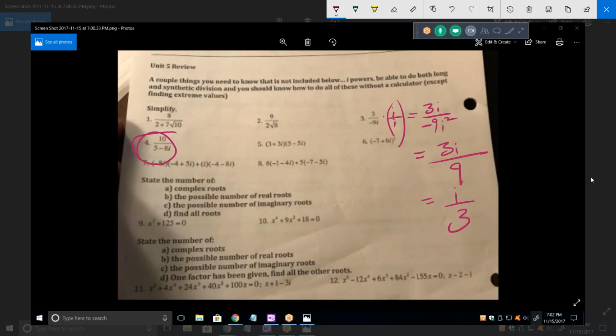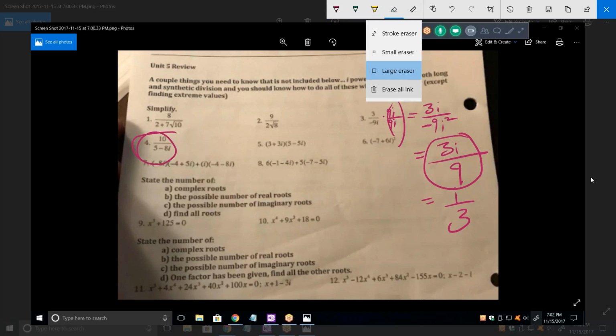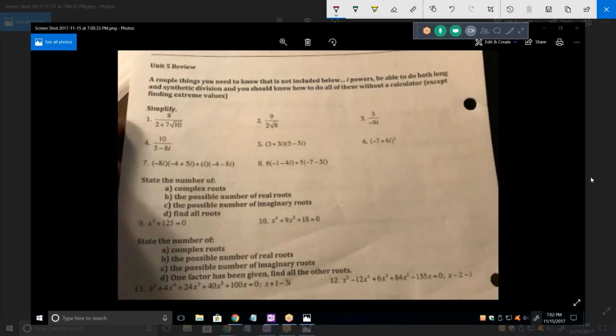And notice that that was much easier to simplify than if I had 27i over 81i squared, just because there would have been bigger numbers involved. So anytime you can accomplish your goal with a smaller set of numbers, you're going to be better off. People make fewer mistakes with smaller numbers than they do with bigger numbers. Just a fact of the matter.